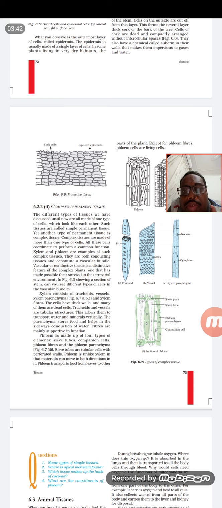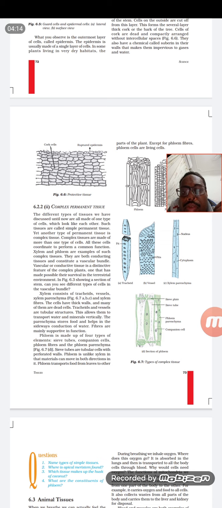Companion cells means the cells that surround or are near the sieve tube. Then we have phloem fibers, and we have the phloem parenchyma. These sieve tubes are perforated. Perforated means they have holes inside, very minute holes, not very big.